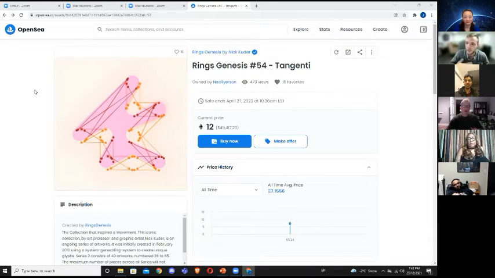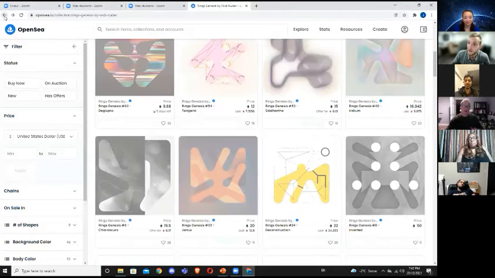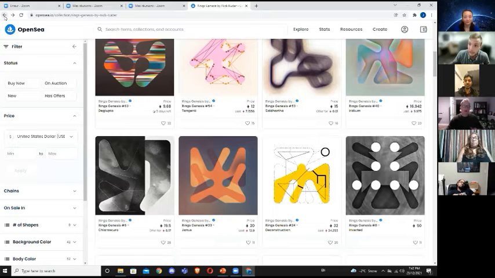So that's the catch with NFTs in general: generally speaking, the value of your NFTs will only go up, but the problem is, will you be able to find somebody to buy them? And that's another subject. I think selling NFTs itself could be another talk.